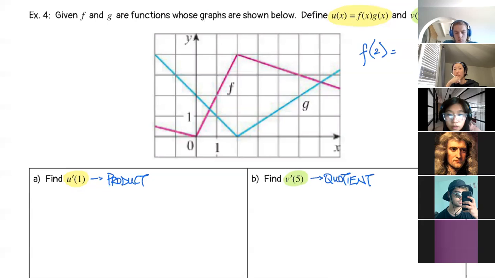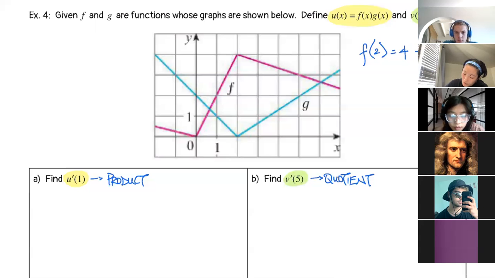If I don't have an equation, how am I supposed to find that? Thea, how'd you get 4? So spot on. F of 2 is not asking for the slope. Okay, so this is the y value.